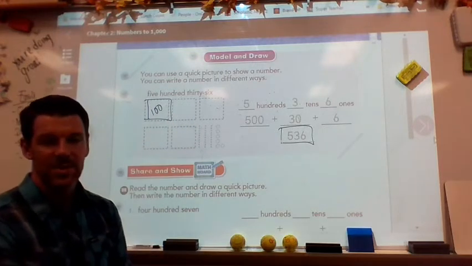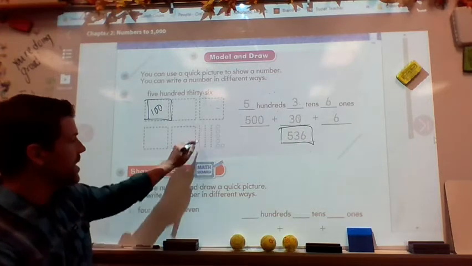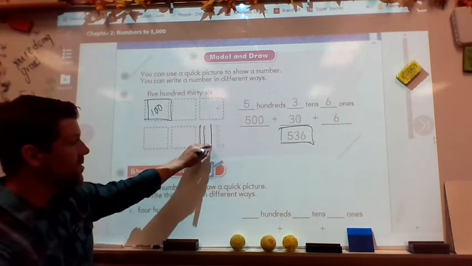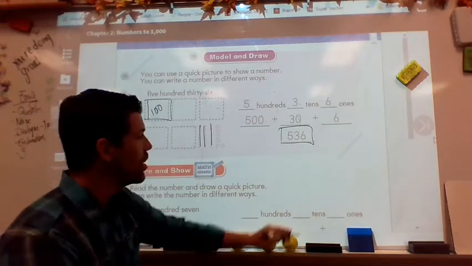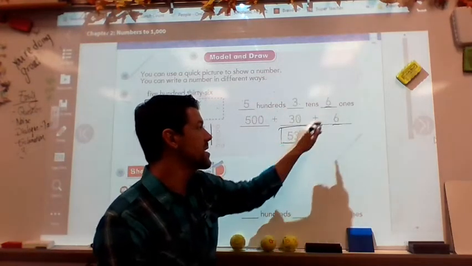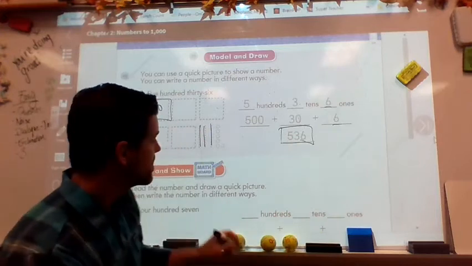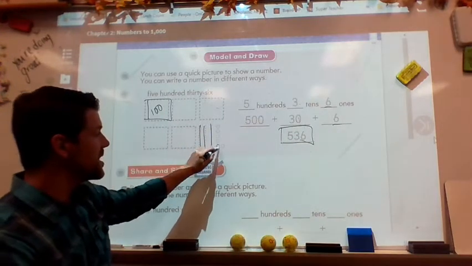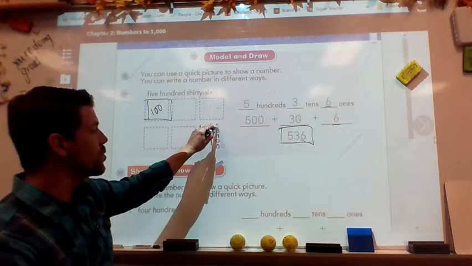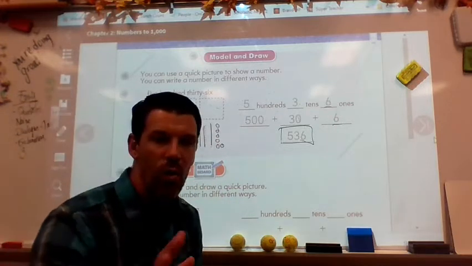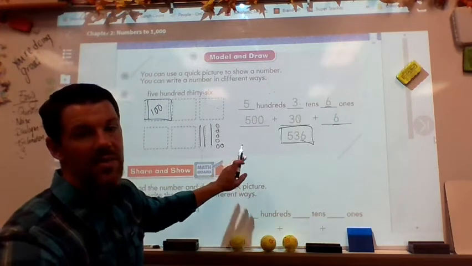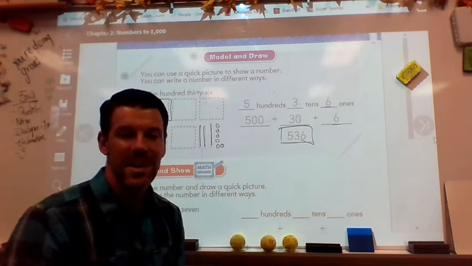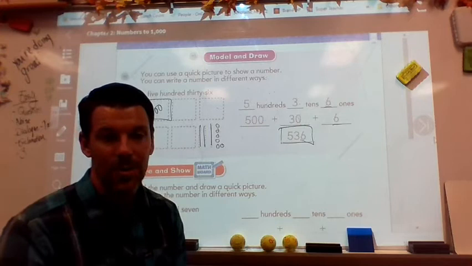Now how many tens are in there? 3, 10, 20, 30. And then how many ones did we draw? Over here I see 6 ones. So we have to draw 6 ones. And if you see, they did them in groups of 5. Remember, I always want you to be doing these in groups of 5 when you're showing your ones. That way, it's easier to count them or to tally them up when you are done.